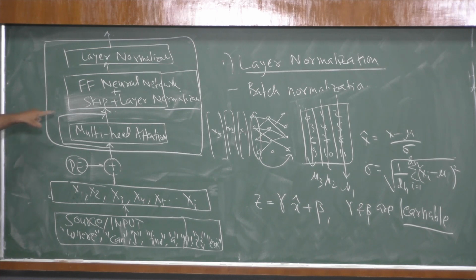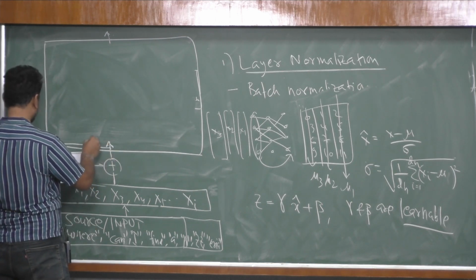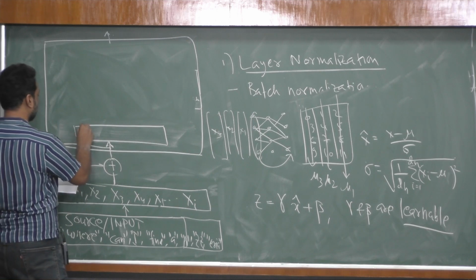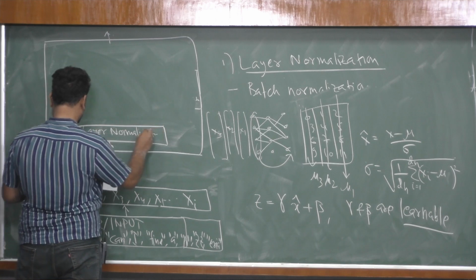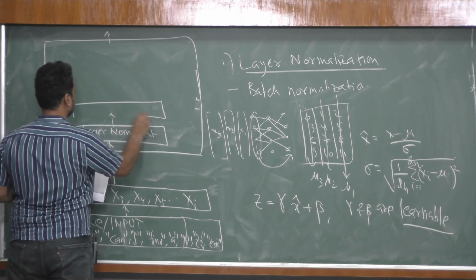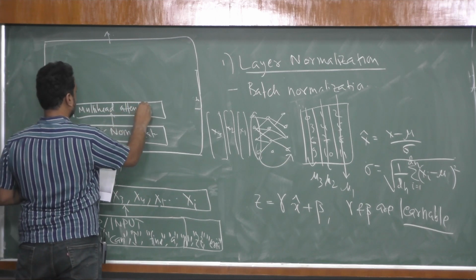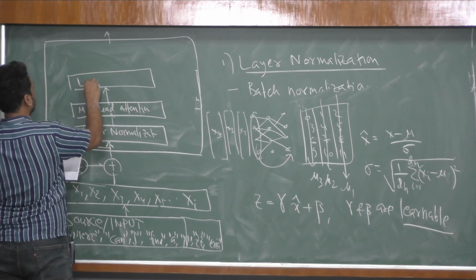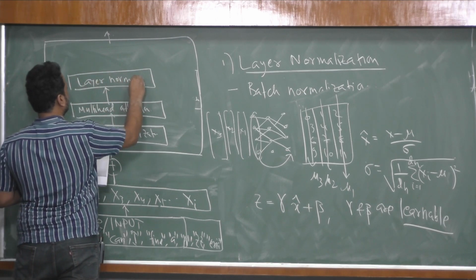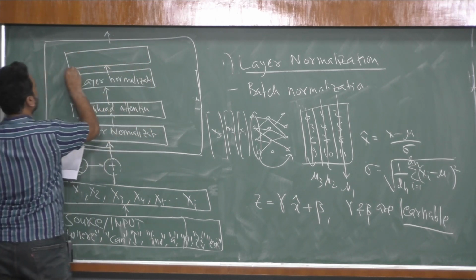If we look into some variations of this, which are more stable than the original paper, some of the papers now have a layer normalization before, then they have multi-head attention, then we have further layer normalization here, and then a feed-forward neural network.